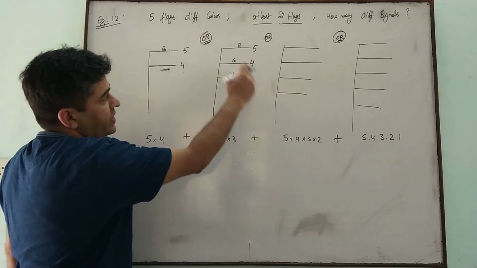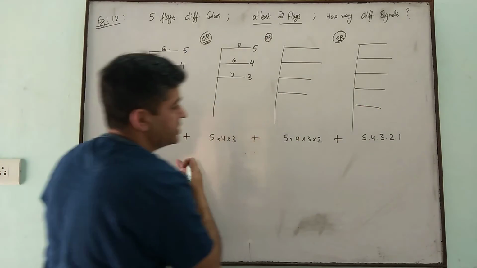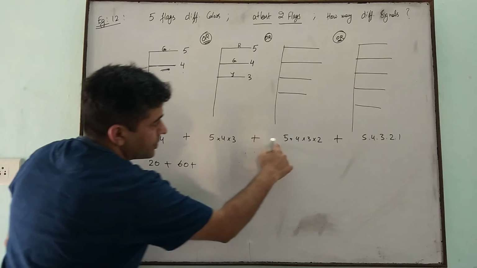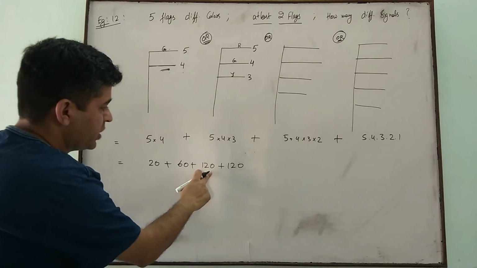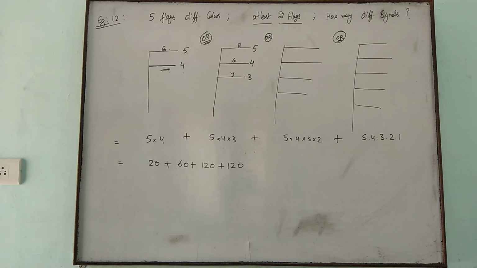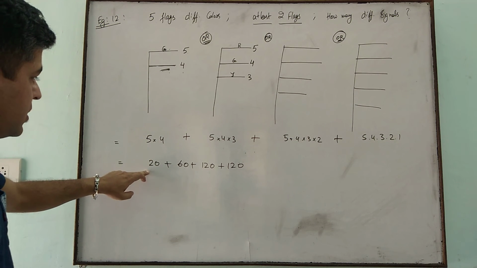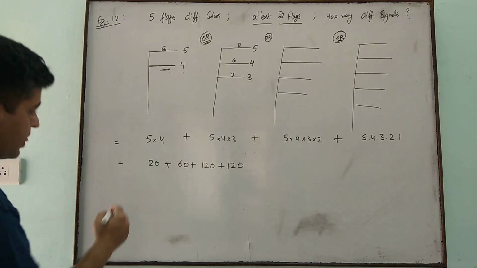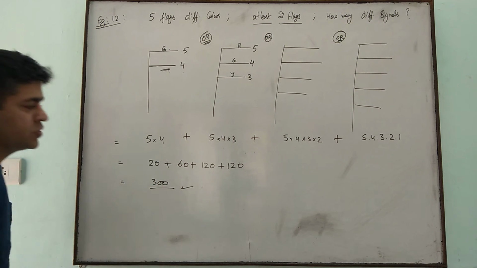So this does not affect this, so we need to add these things. These are different cases, so in that case we have to add. So 20 plus 60 plus 120 plus 120, 240, 280, total number of ways.